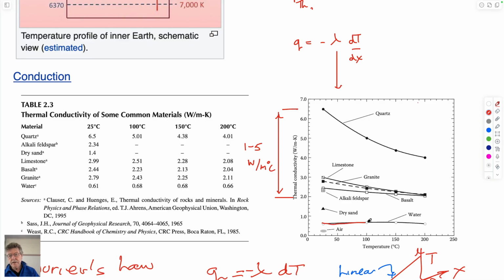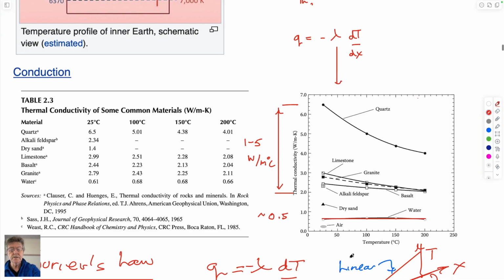And water down here is about 0.5. Important for us because it's going to be the heat transfer fluid that we use. And some of these conductivities change slightly with temperature, as you can see.